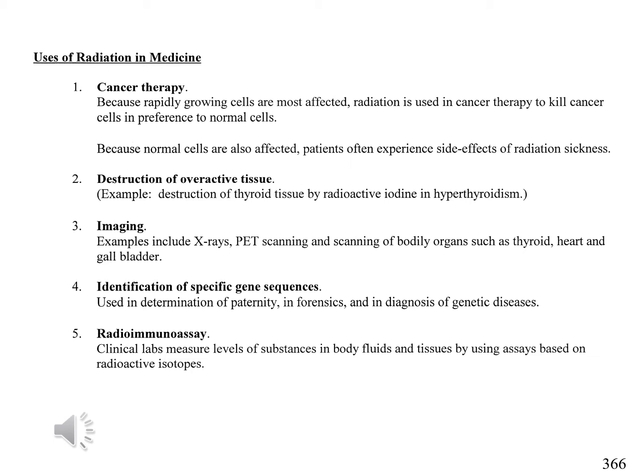You can actually identify by looking at the sequences whether a particular baby is the baby of a man by comparing their DNA. You can use it in identifying ancestry genealogies, and they have all kinds of techniques to do this.